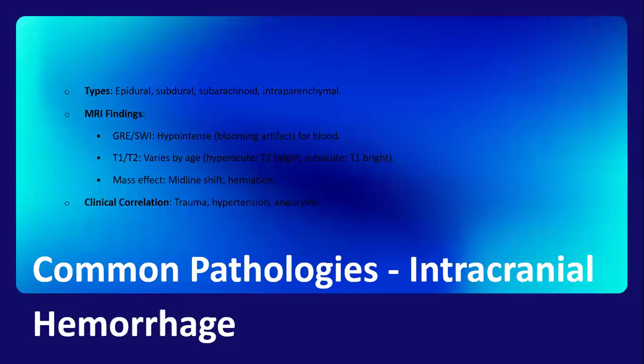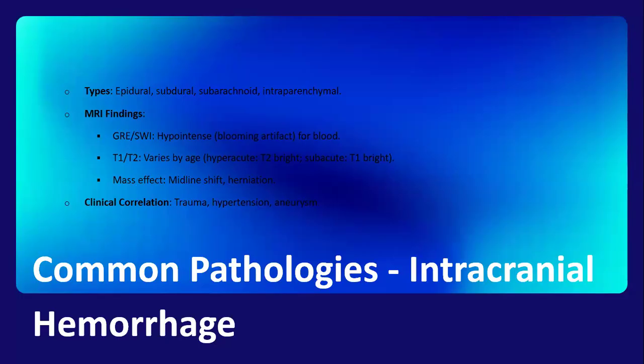So intracranial hemorrhage, there are various. We've covered this in great detail before. You're looking at the epidural, subdural, subarachnoid. So the findings would vary by the age of the bleed that you would have, but commonly on T1 and T2, they would appear as bright. But again, it depends on the age.